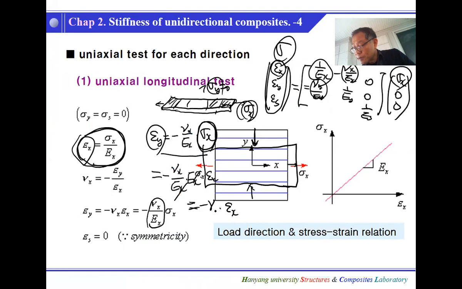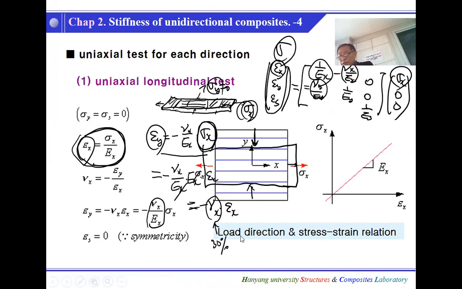X. So if the fiber runs this way, when we apply this, and I'm trying to help you understand the value, this contraction is the Poisson's ratio, which will be about 30%, very similar to a metal. Okay, in the fiber direction and contraction in transverse, that is 30%.